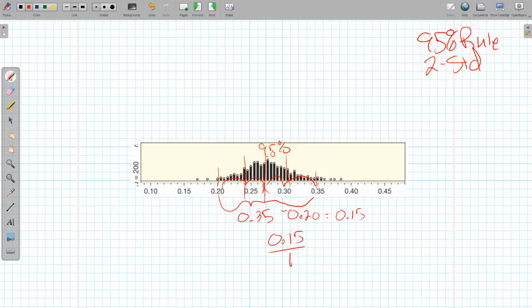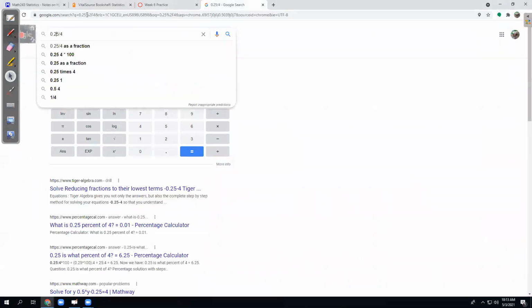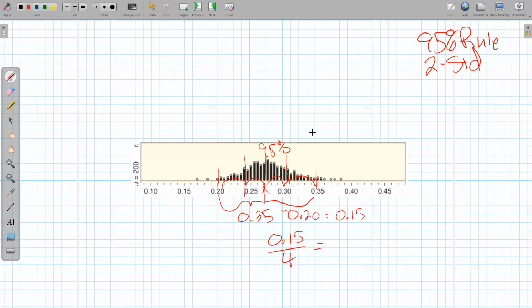So if I cut that into fourths, what do we get? That should be about 0.04-ish. About 0.04 if we round. So I think that's about the standard deviation of this graph right here. So that's my estimate of the SE.